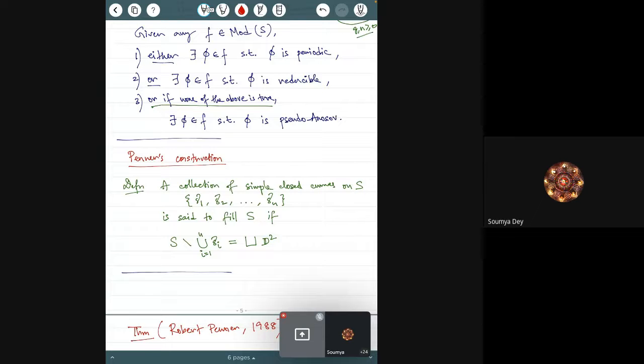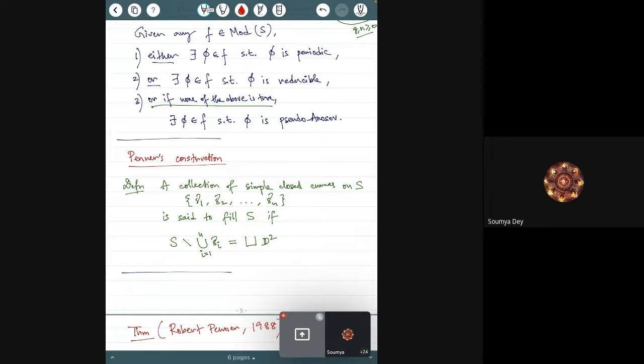And he conjectured that any pseudo-Anosov element can be constructed by this method, which later was proved wrong. So this method will not give you all possible pseudo-Anosovs, but they are a very good family of pseudo-Anosovs. Let me tell you about it.